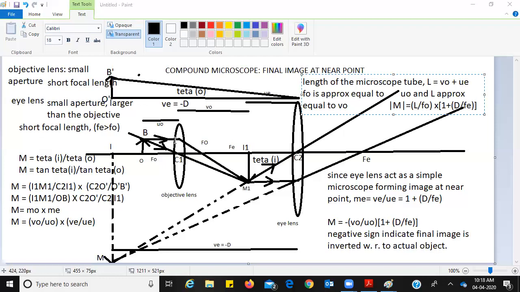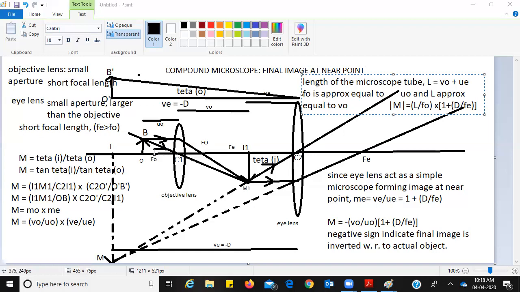This light ray will go straight, same, no difference. But this light ray will go a little more down. The image will be formed here, bigger, because it's closer to the optic center. Practically you can keep O very close to F. So FO can be approximately the same as UO, not exactly.